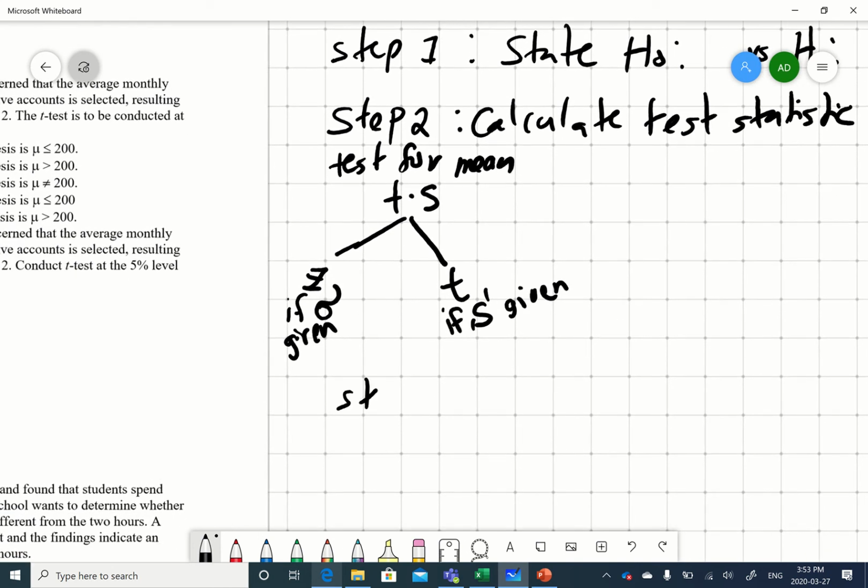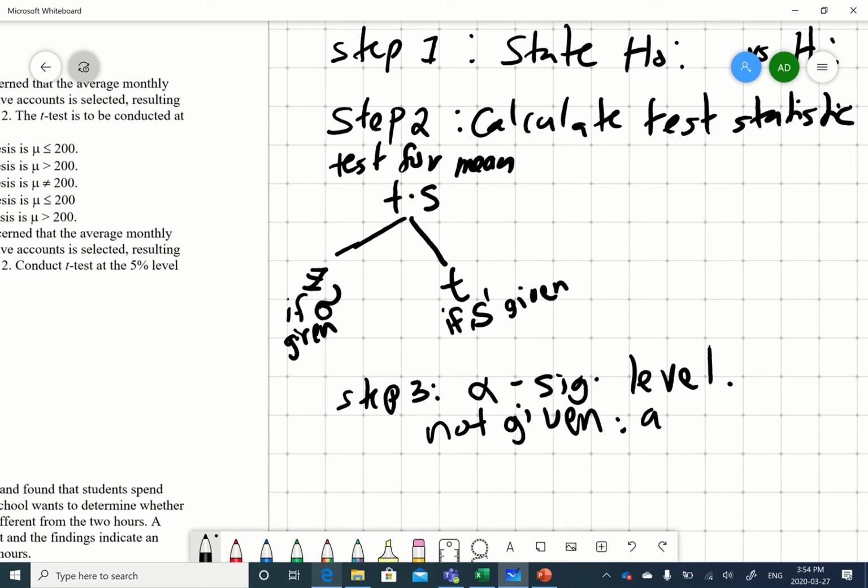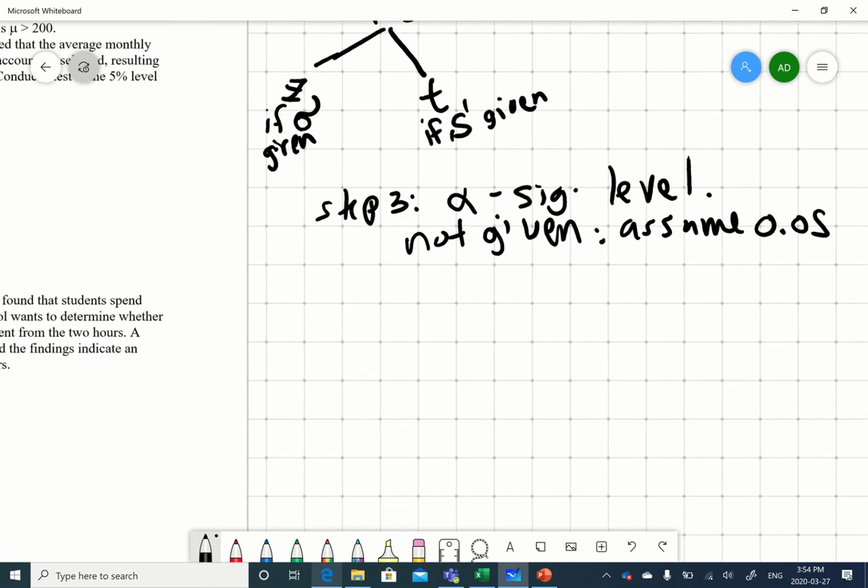And step 3, alpha, making a decision about alpha, the significance level. I've explained this in my lesson as well. Usually it's given; if it's not given, you always assume 0.05, because that's the most commonly used level of significance.